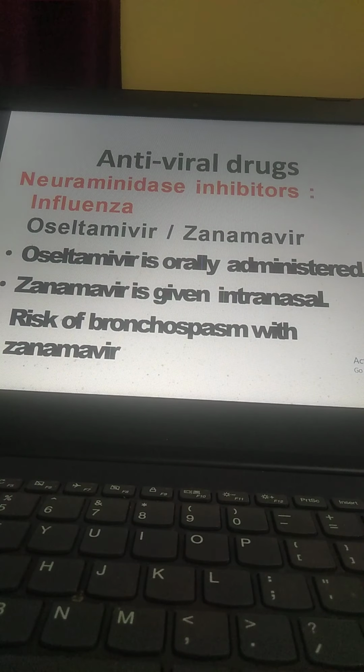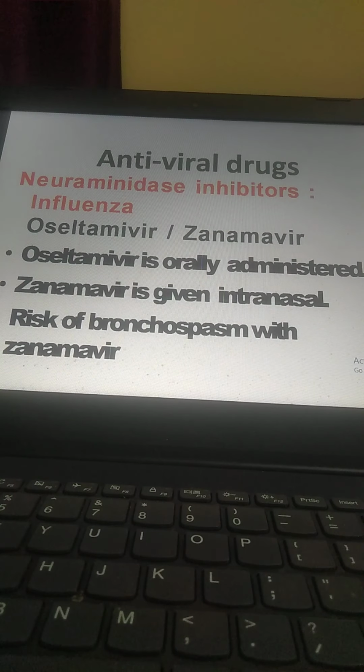Administration is oral, IV, and inhalational in RSV, so we have three routes of administration. Anemia and jaundice are adverse effects of ribavirin, and it is not given during pregnancy because of its teratogenic effect.